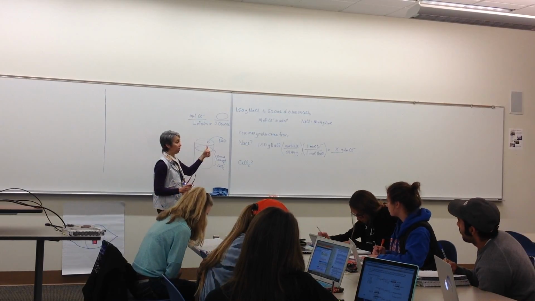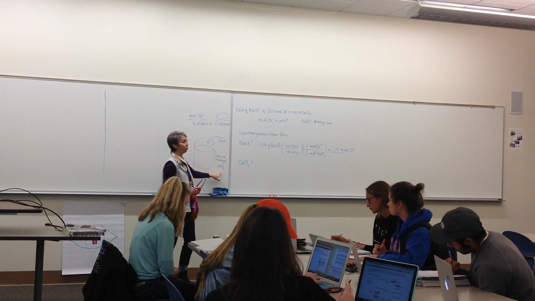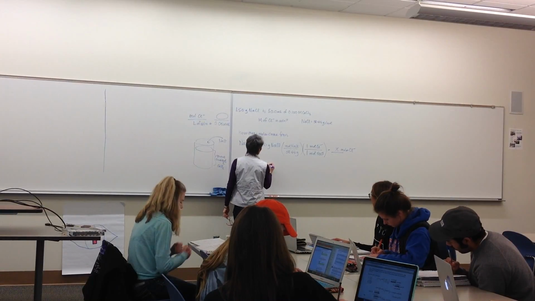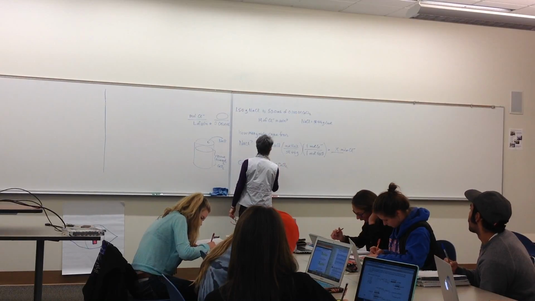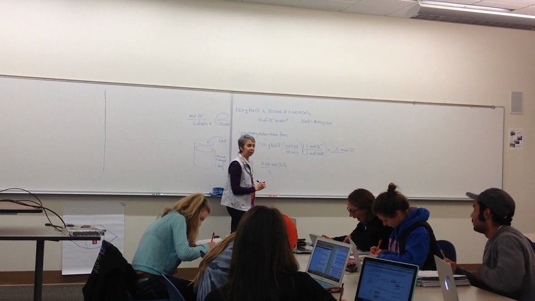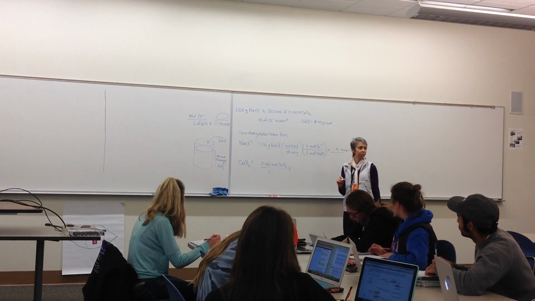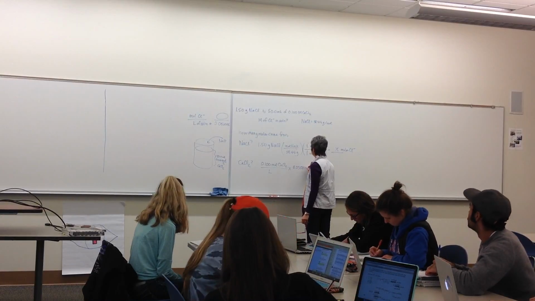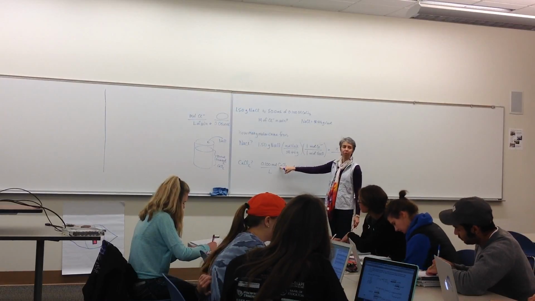We know the molarity and we know the volume, so we should be able to get the moles of calcium chloride. The molarity is 0.100 moles of calcium chloride per liter. And we know we've got how many liters? 0.05. That's going to give us moles of calcium chloride.